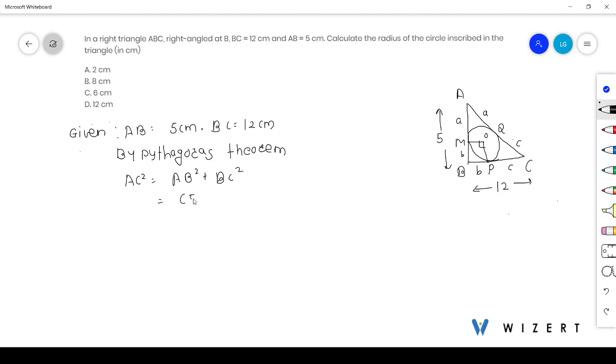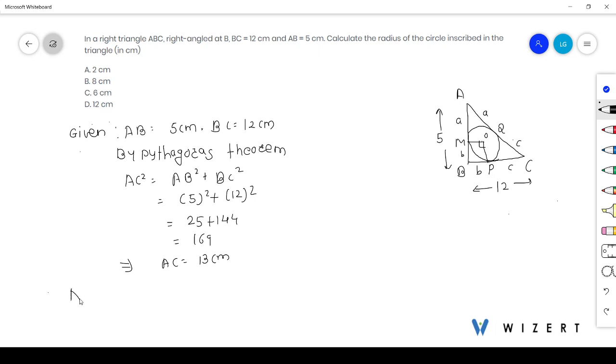Substituting values, 5 square plus 12 square equals 25 plus 144, which is 169. Taking square root on both sides, we get AC equals 13 centimeters.